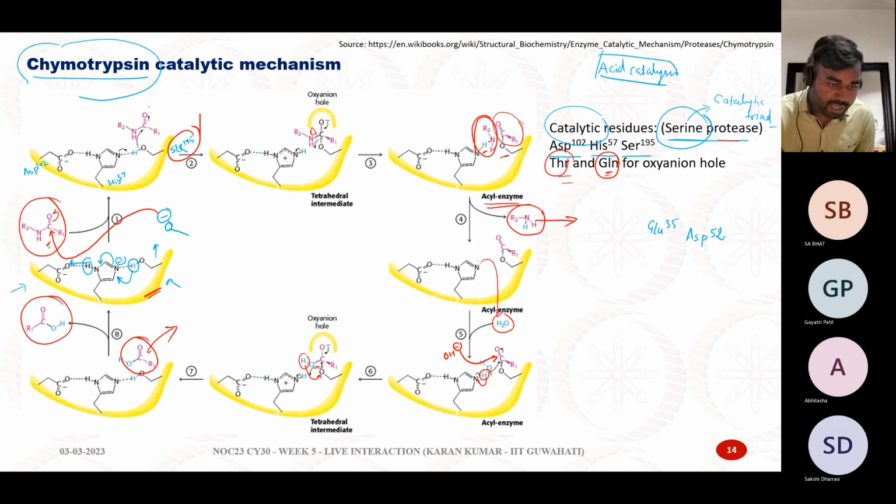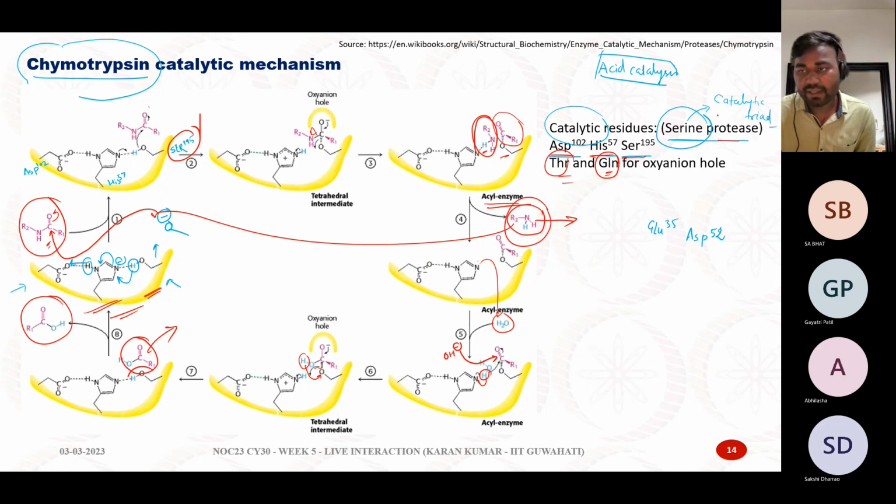And you will again regenerate your enzyme structure, which is here, right? And again the cycle will go on. This group will again come and the process will occur again and again.